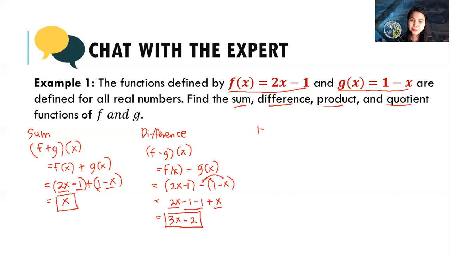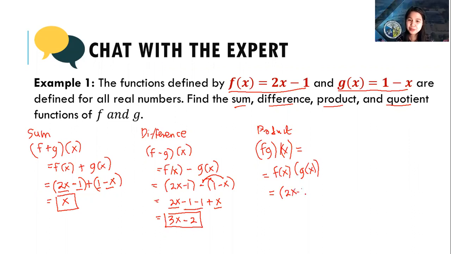Let's go to the product function. We have f g of x. That will be f of x times g of x. Actually, it's simply like you are multiplying both binomials.